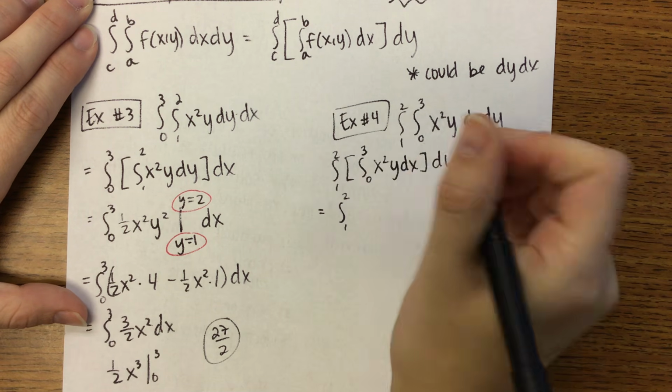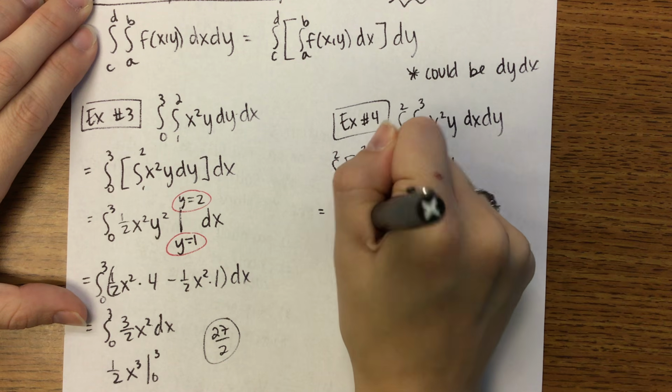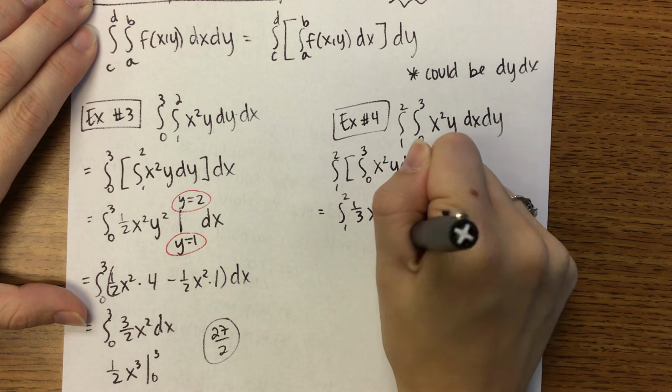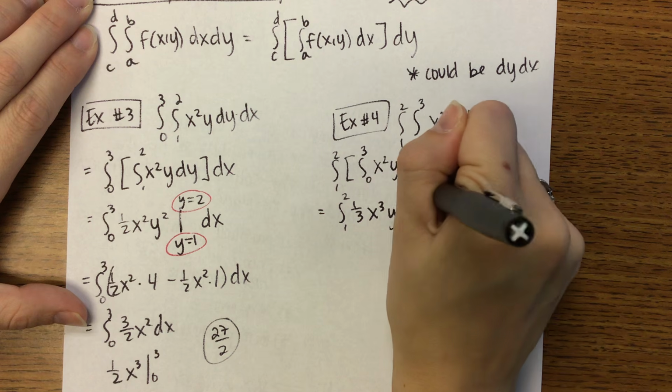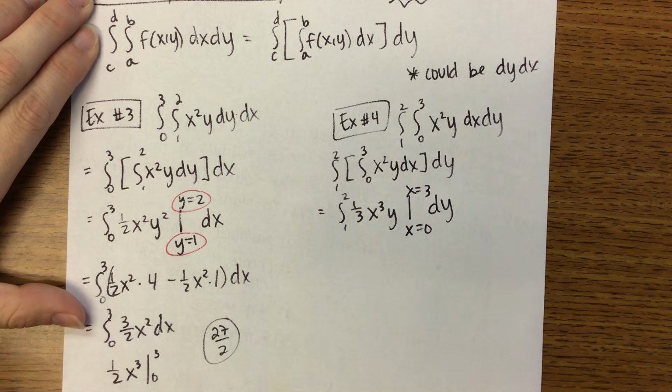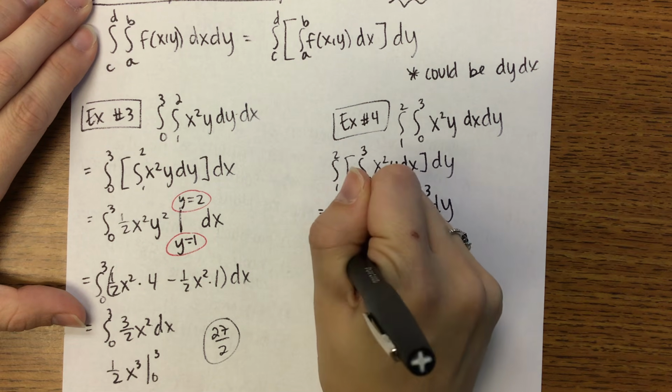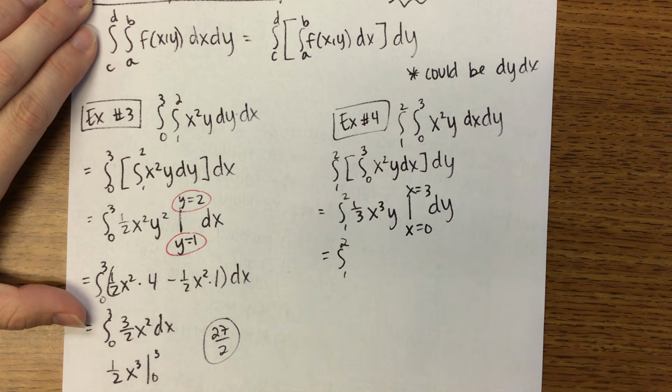This ends up being 1/3 x cubed y, evaluating from x equals 0 to x equals 3. I plug in x equals 3, I get 9y.